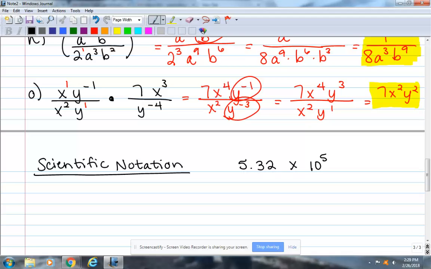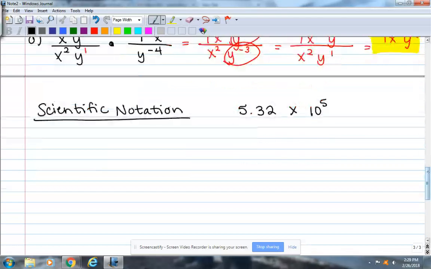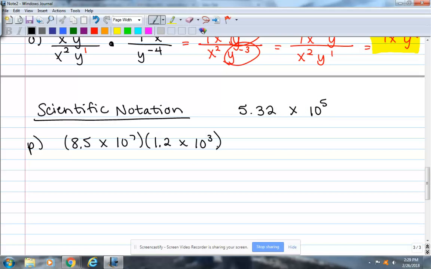All right, so let's talk about multiplying and dividing with scientific notation. Let's do multiplying first. This is example P. 8.5 times 10 to the 7th times 1.2 times 10 to the 3rd. Now, multiplying scientific notation is really easy.